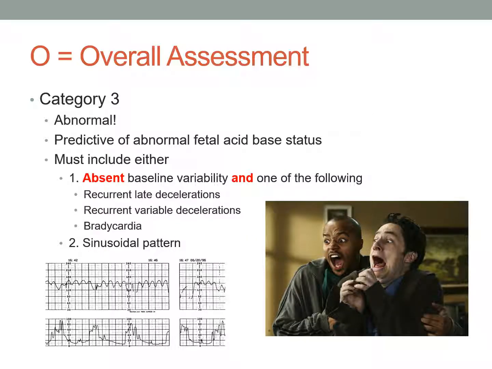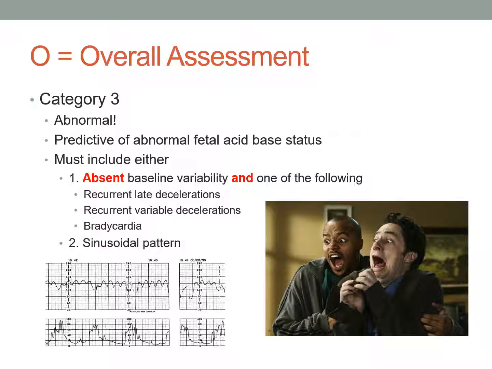All right, then category 3 tracings, these are abnormal. A category 3 tracing is predictive of an abnormal fetal acid base status. These are the kind of things that make us kind of panic on the labor and delivery floor. It's got really strict requirements for what makes a category 3 tracing. It has to have absent variability plus one other bad thing.